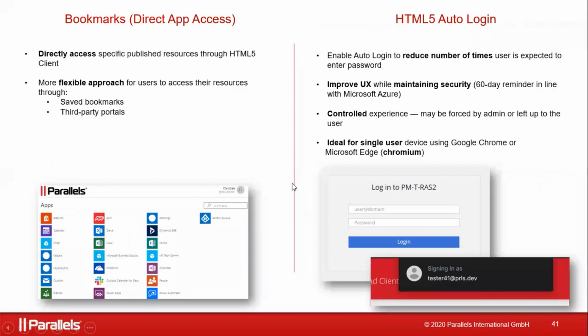Other features are the bookmark and direct app access. You can publish which applications are allowed to be accessed via the HTML5 browser. For Parallels RAS 18, we also have the HTML5 auto login feature, which reduces the number of times the user has to enter the password.